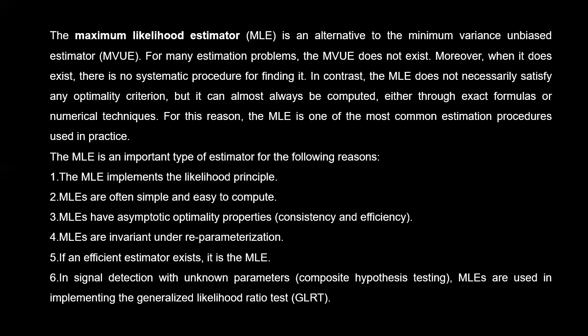We have seen in the previous chapters that when there is a single sufficient statistic, the likelihood function is of the form in which minimum variance unbiased estimation of some function of theta is possible.